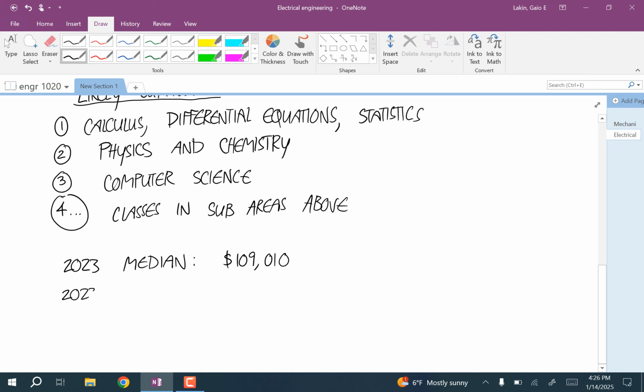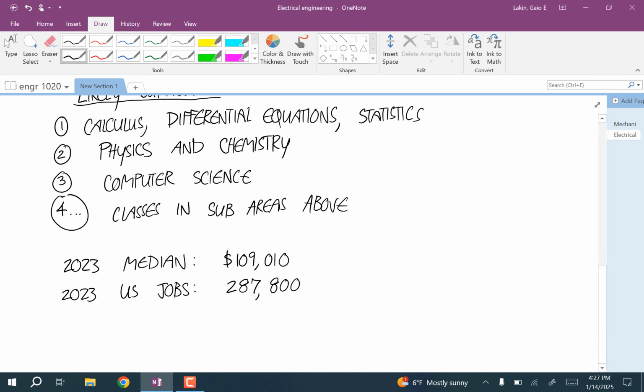In 2023, the number of U.S. jobs in electrical engineering was 287,800. That's almost exactly the same as the number of mechanical engineering jobs, just a shade less than the total number of civil engineering jobs if you lump all the sub-areas of civil engineering together.